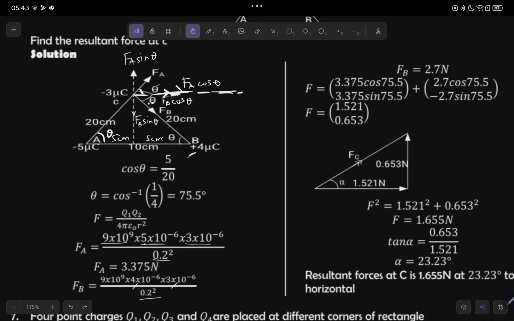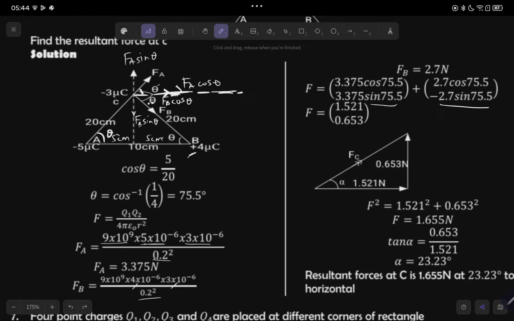Then for the vertical forces, Fs sine theta is upward, so it is positive. So Fs sine of 75 is positive, as you can see here. Then FB sine theta, which is 2.7 sine 75.5, is actually facing downwards.